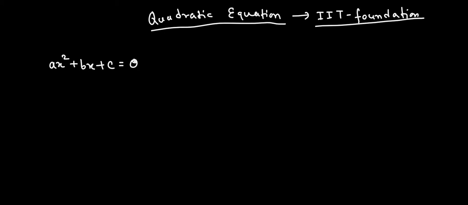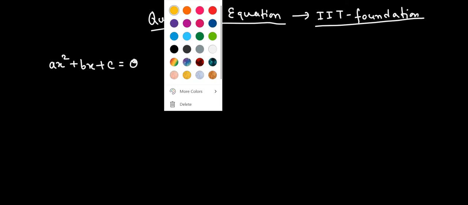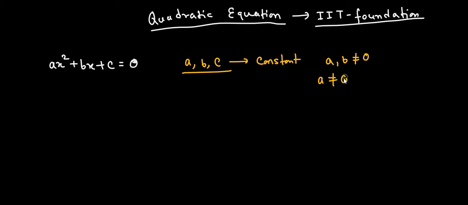Here you can see three things are very important, that is a, b and c. These three numbers are the constants, whereas a is not equal to 0.